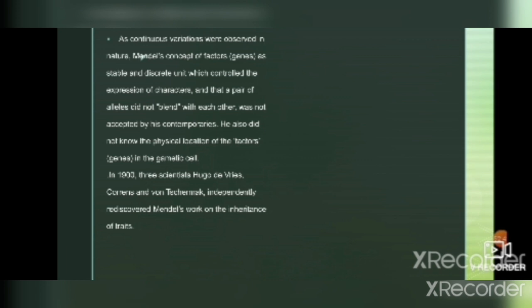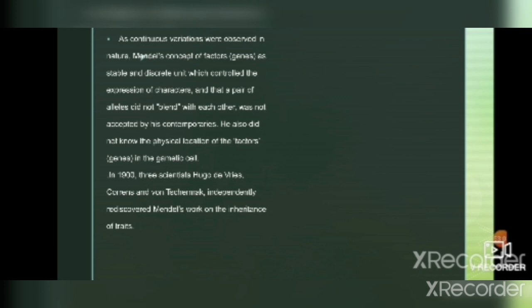As continuous variations were observed in nature, Mendel's concept of factors or genes as stable and discrete units which control the expression of characters, and that a pair of alleles did not blend with each other, was not accepted by his contemporaries.